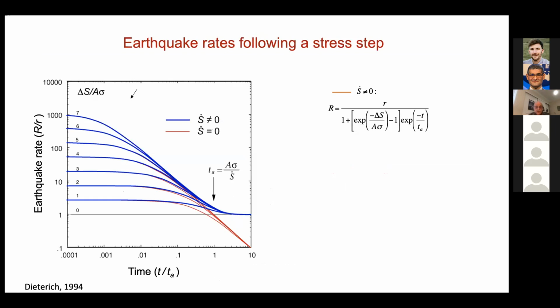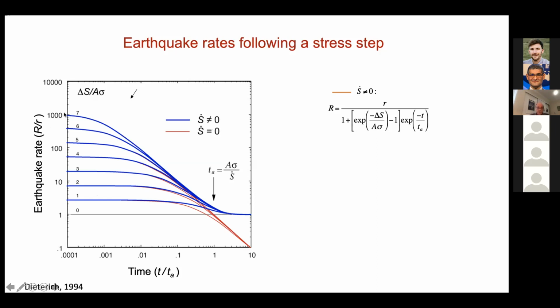So this is an ancient slide from 1994, and it shows the plot here of earthquake rate versus time following a stress perturbation, a step in stress. And what we see is that there's a jump in earthquake rate.